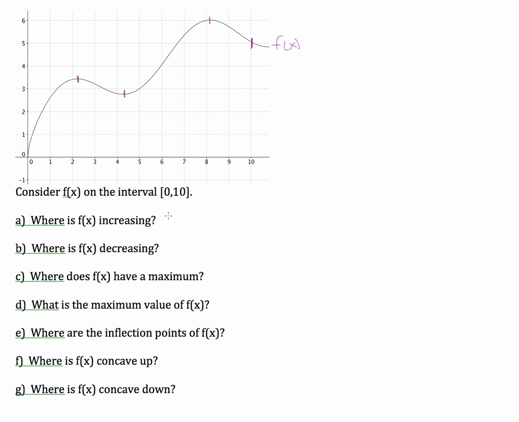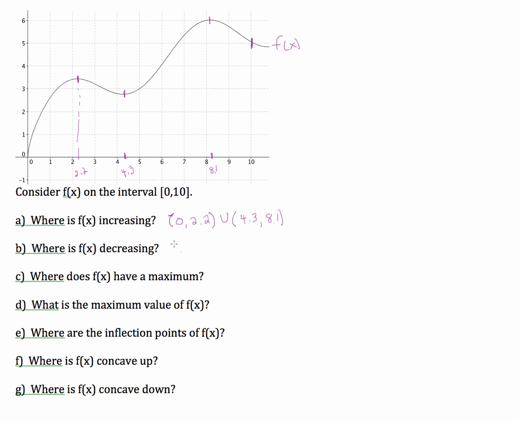So we say it's increasing on the interval from 0 to, let's say this is at 2.2, and we'll say this is at 4.3, this is at 8.1, so it's increasing from 0 to 2.2, union, increasing from 4.3 to 8.1.